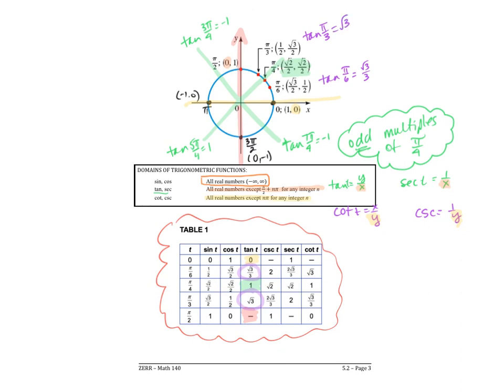The way I remember that is that pi over 6 is a smaller number, and root 3 over 3 is a smaller number compared to root 3. Root 3 divided by 3 is smaller. And pi over 3 is a bigger value than pi over 6. So bigger t, bigger output.